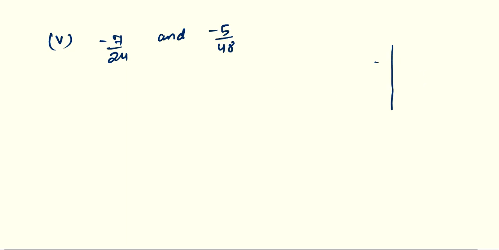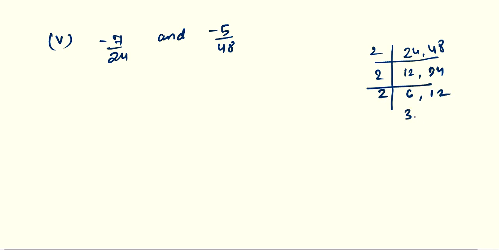First we have to find the LCM. Again 2, 6 ones, then 12, then again 2, 3 ones and 6, again 2, 3 and 3, the last one is 3, 1, 1. So 2 twos are 4, 4 twos are 8, 8 twos are 16, 16 threes are 48.